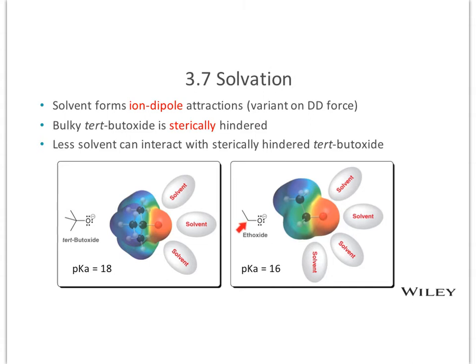So there is greater bulk on the back end of tertiary butoxide in a physical space sense, and a lot less bulk with the ethoxide. So the anion is able to get surrounded. Let's call these solvent molecules water. The polar water molecules are able to interact with the anionic oxygen by way of ion-dipole interactions.